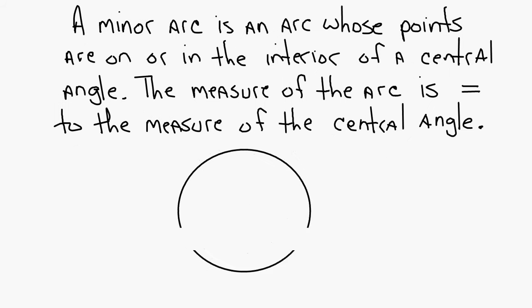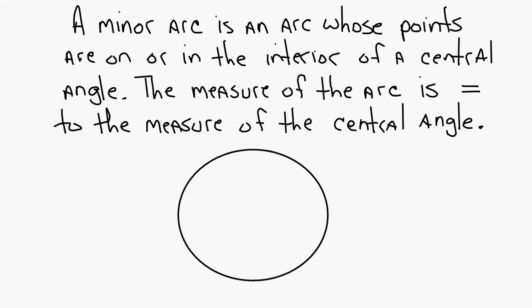So you got a circle. Circle's got a center. Then you've got an angle whose vertex is on the center of the circle. That makes this a central angle.